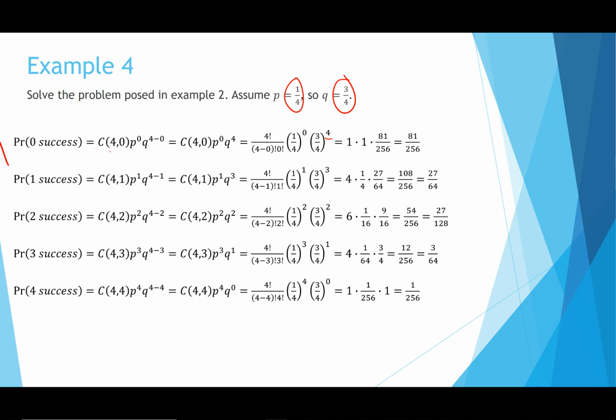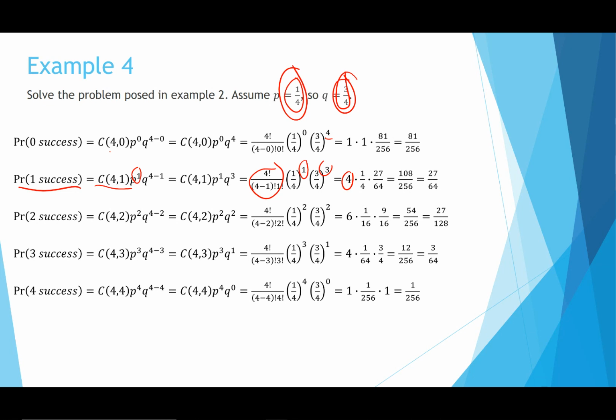To try to find 1 success, you're using the same n value because you're still doing 4 trials, but r is 1 for 1 success. And when you work it all out, the combination of 4 choosing 1 is just going to be 4. You have the p-value, which is 1/4, again, remember, with 1 success, and the q-value, which is failure, 3 failures.